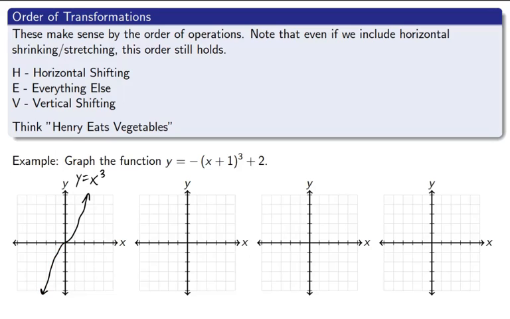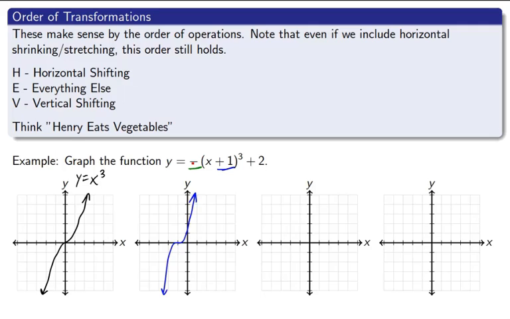The first step is horizontal shifting, which is the +1. So since it's a horizontal shift, remember horizontal shifting is reversed. So when I see +1, I'm going to move to the left 1. Next step is the everything else step. So whatever is not a vertical shift, I'll do now, which is just the minus.